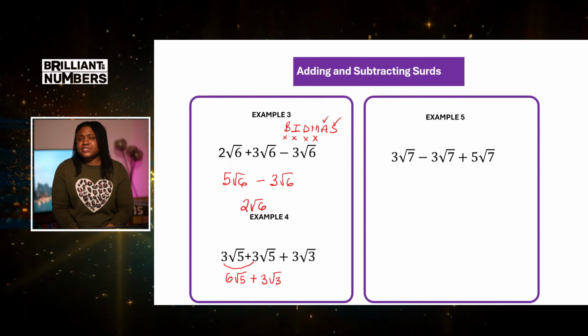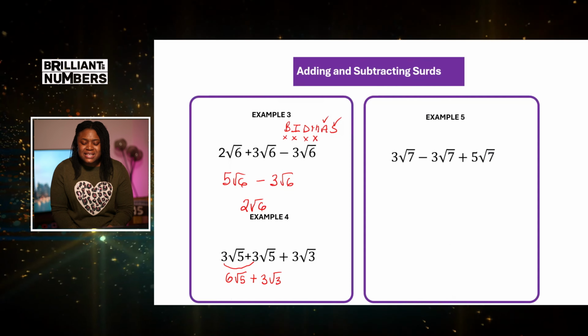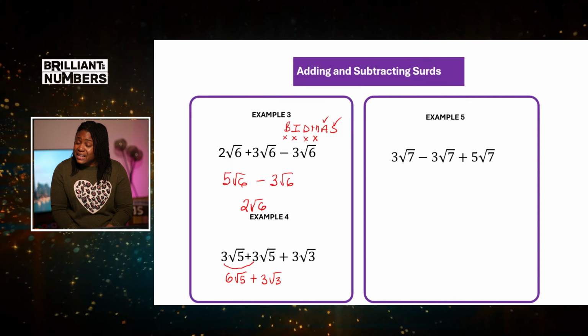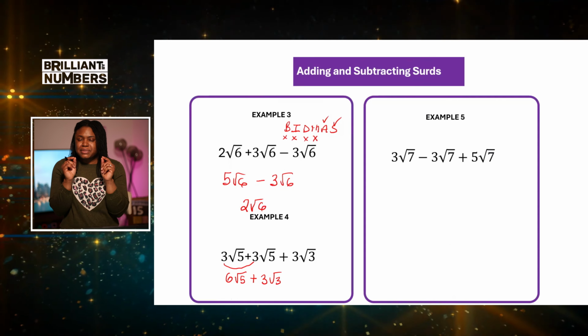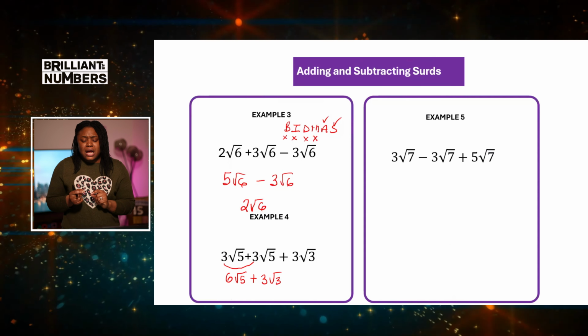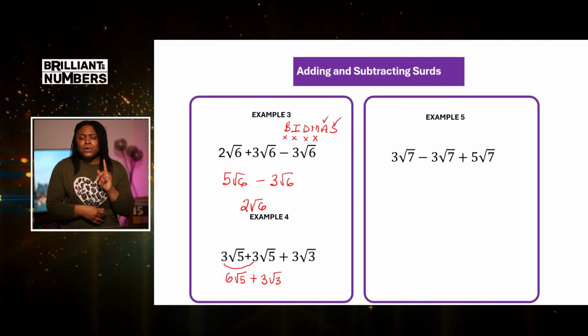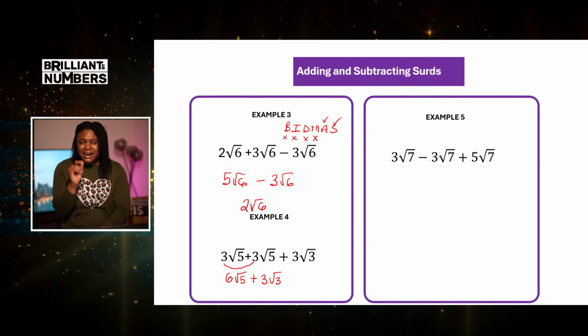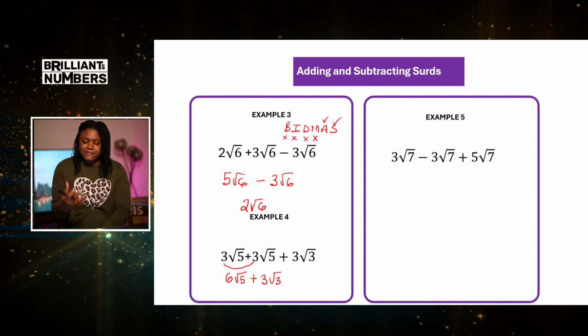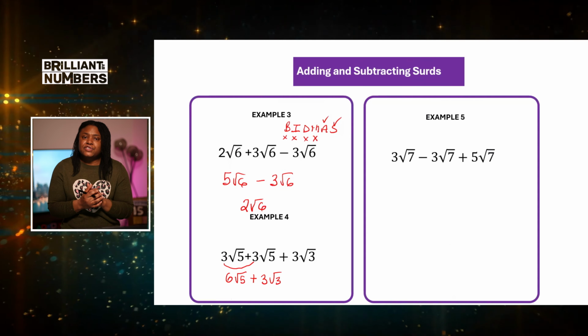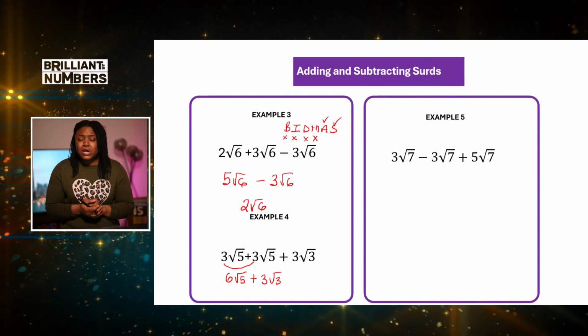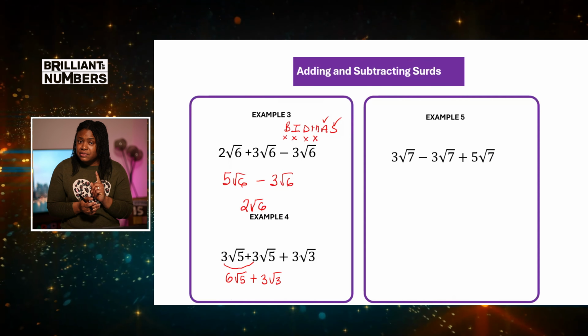Here, I'm asked to do 3 root 7 minus 3 root 7 add 5 root 7. Now again, compatibility is the same. Roots are the same. Now I want to pause here just to make a clarification on something that I found in my career as a teacher. Lots of students know, according to BIDMAS, we need to do addition first.